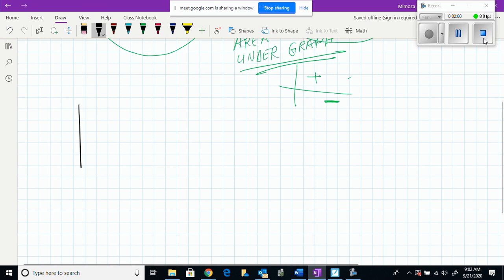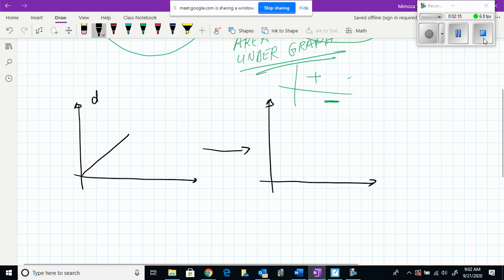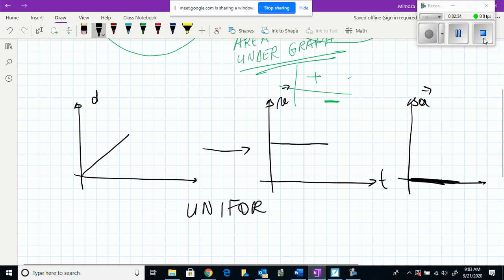When we have a displacement time graph that is a straight line going up, then in terms of the velocity time graph we see a line that is parallel to the x-axis or time axis. And then the acceleration time graph will be 0. That tells us that we are dealing with a uniform motion.